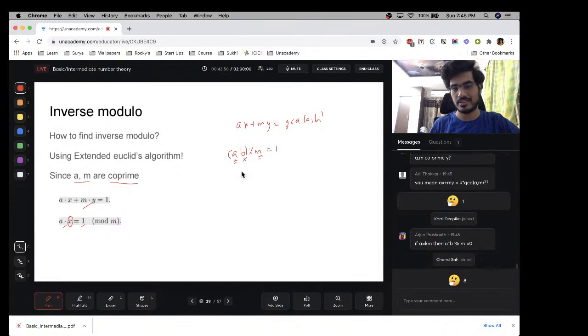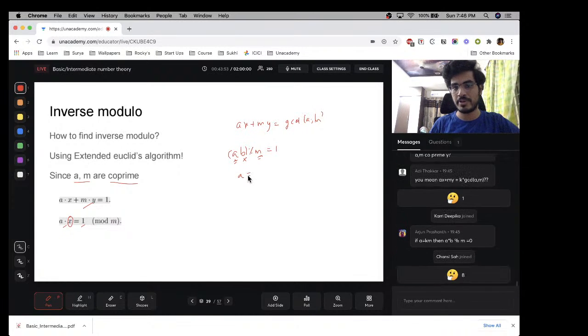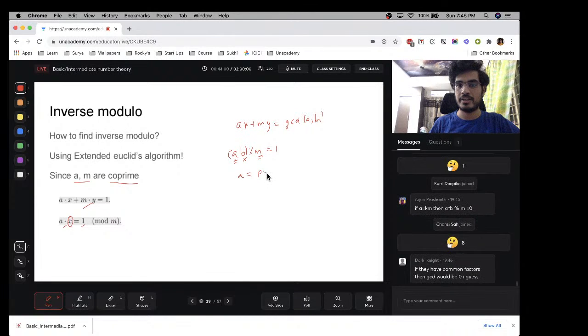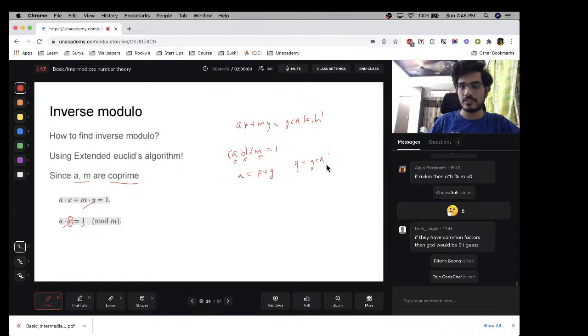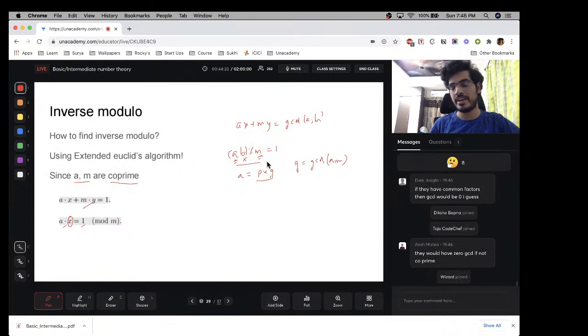This is because, let us say A equals some number P into G, where G equals GCD of A comma M. If G is greater than 1, then we write A equals P into G. Since A into B mod M is equal to 1, A into B equals some K into M plus 1, right?